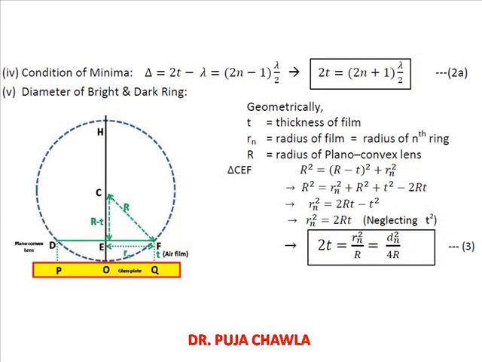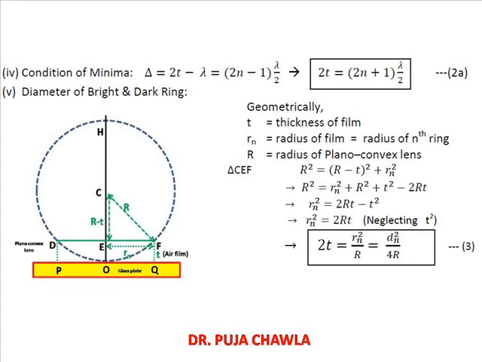Now for finding out the condition of minima, we will equate the path difference equal to odd multiple of lambda by 2. Odd multiple 2n minus 1 lambda by 2. When I equate the path difference with this, the condition comes out to be 2t is equal to 2n plus 1 lambda by 2. This is the condition of minima.